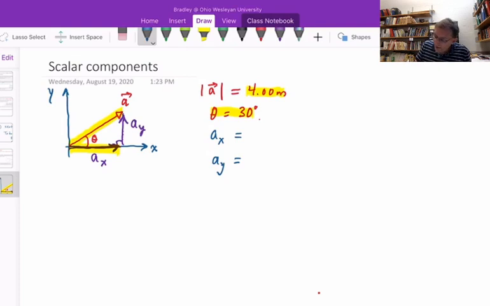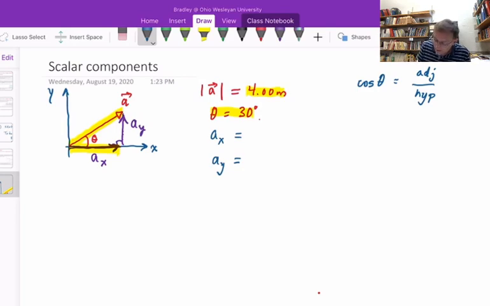This is where I remember cosine of an angle, theta, is adjacent over hypotenuse. Or, rearranging, the adjacent side is equal to the hypotenuse times the cosine of theta. And the adjacent side is A sub x.